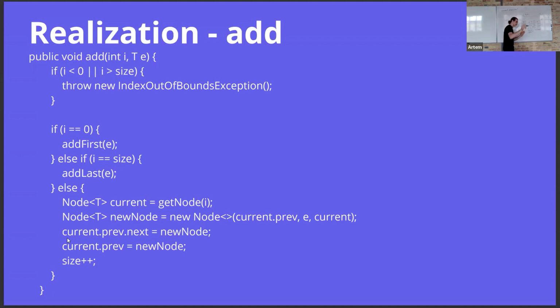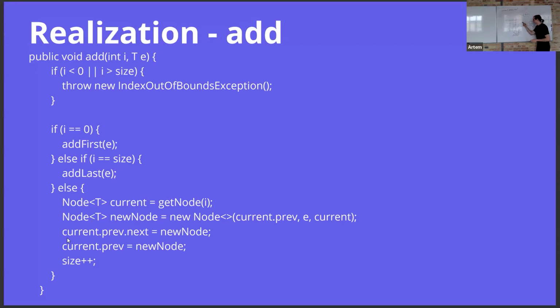Yes, exactly. So we have our current element, right now it is our 0 element. We have the field prev, and this field contains a reference to element 7.